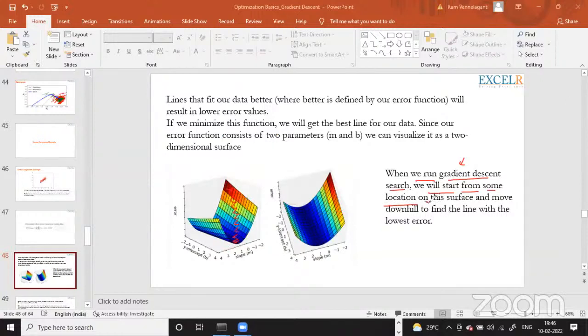Somewhere on the top, we have to start and move downhill to find the line with the lowest error. We have to reach this minimum value, which can give us the lowest error or lowest residual sum of squares. That is our objective.